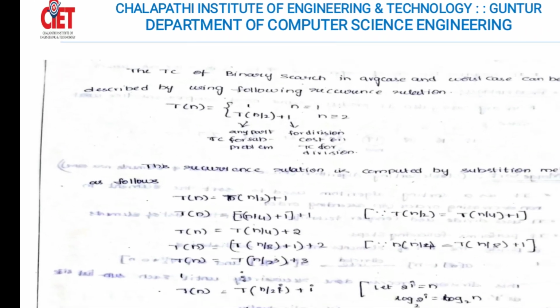So the average case and worst case time complexity of binary search. If n is equal to 1, its time complexity is 1. If n is greater than 1, in each iteration based on the mid value, the problem divides into two subproblems, and the size of each subproblem is n by 2.